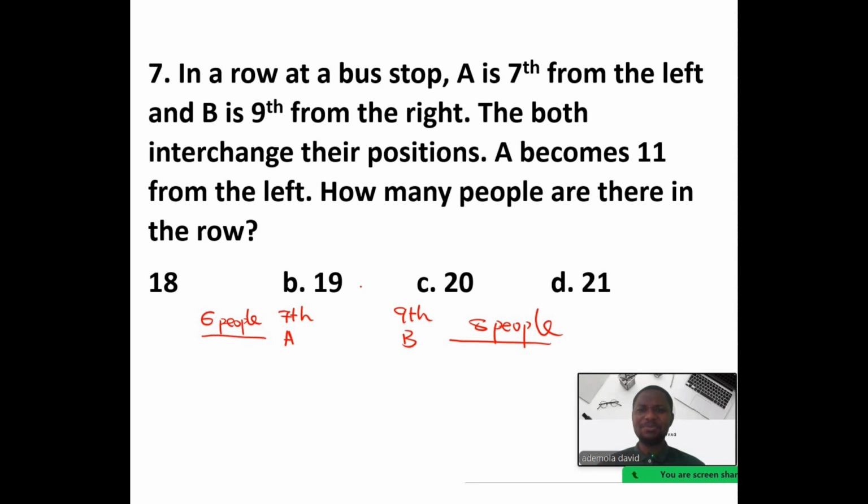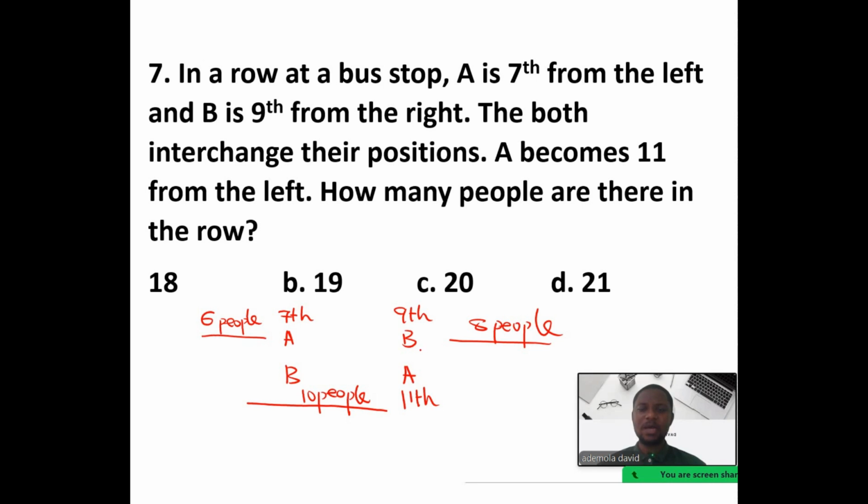Now they said they both interchange their position, meaning B comes here and A comes here. They change their position and A becomes 11th. So this is now 11th position from the left, meaning there are 10 people to the left of A now.